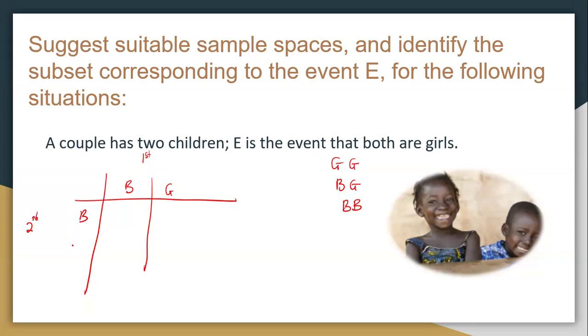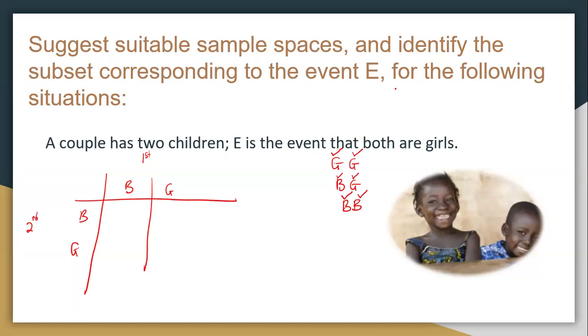So, like what Amara is telling us, the first time the lady gave birth, she gave birth to a girl, and the second time a girl. This one means the first time she gave birth to a boy and then a girl. This one means a boy and a boy the second time. But there is something missing on it.